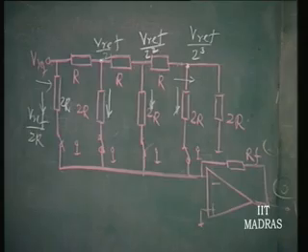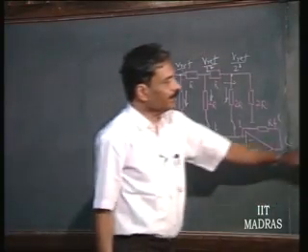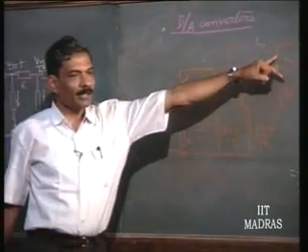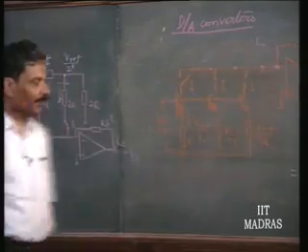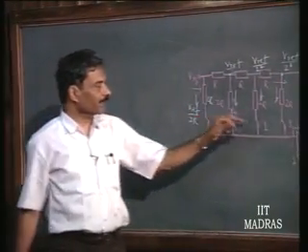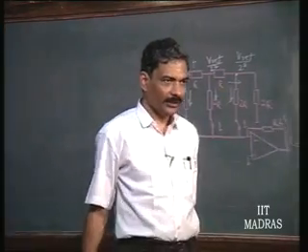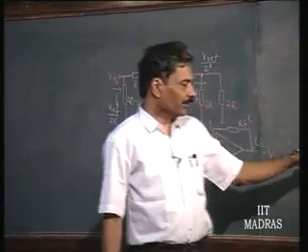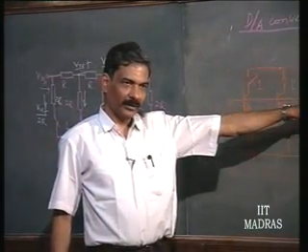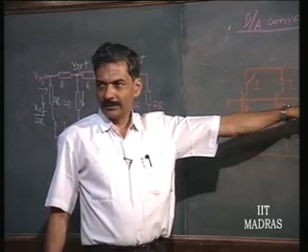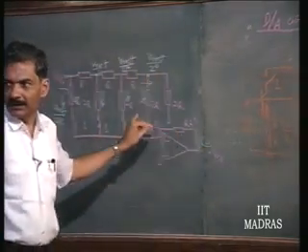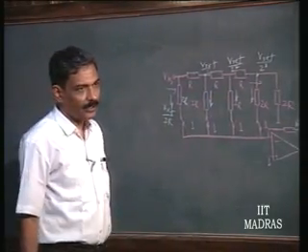The only thing is, for 3 bits, here we need 3 plus 1 resistors, whereas here we need, for 3 bits, double the resistors plus 1. Here you need n plus 1 for an n-bit D to A converter. Here you get 2n plus 1, so double.